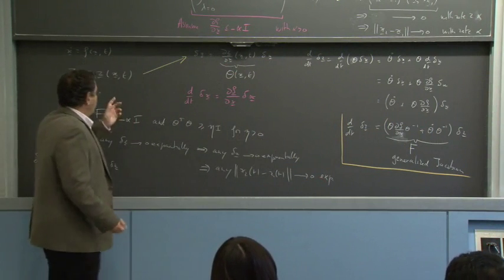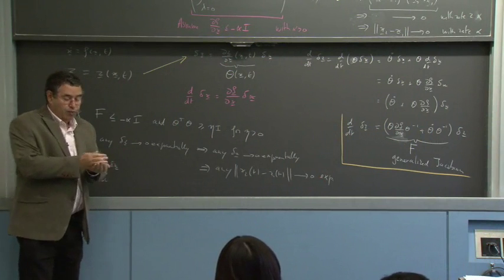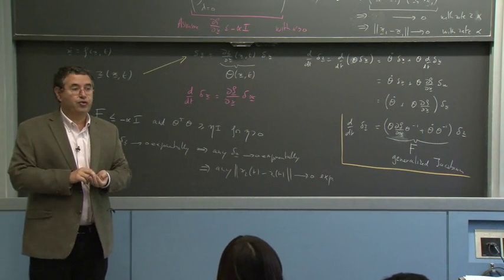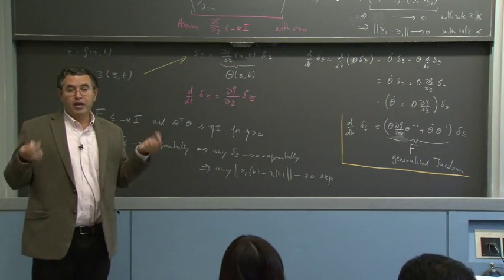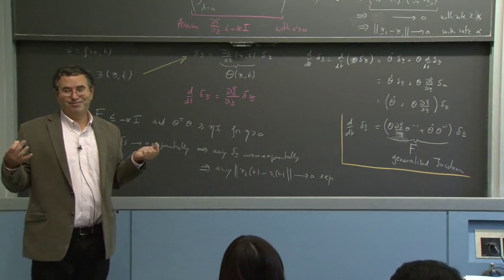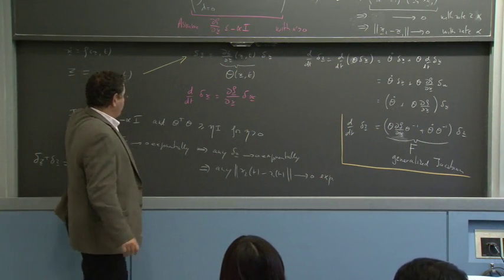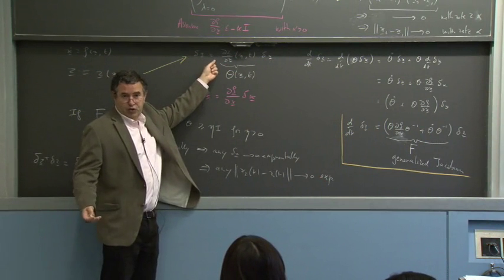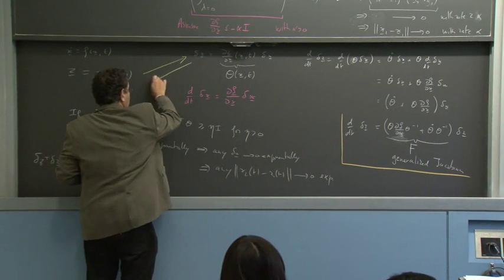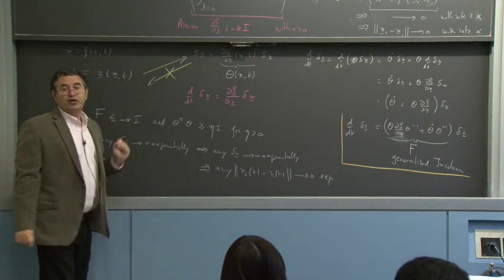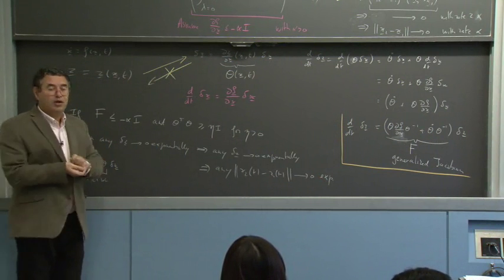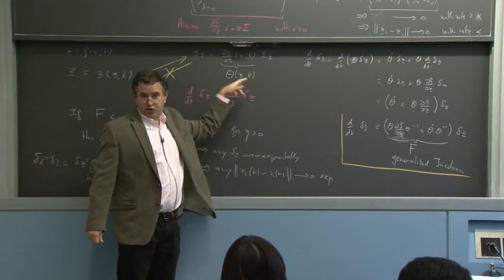Now, why is this interesting? Well, precisely because, as we said two lectures ago, not any vector is a gradient. If you come from here to there, then of course that's true. But in general, from here, you cannot integrate to find a z. So this form is much, much more general than this form.